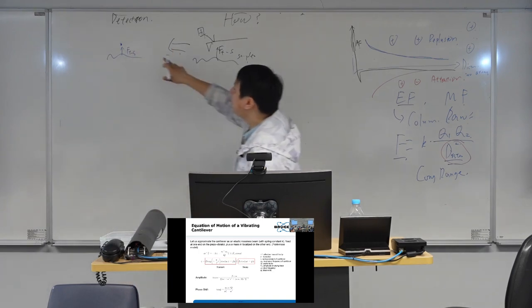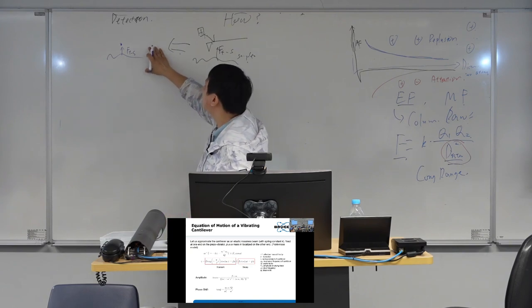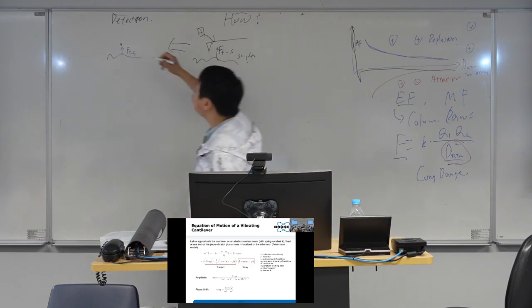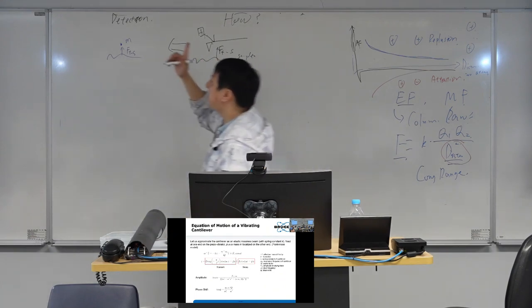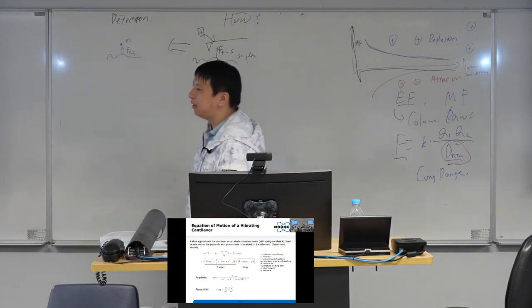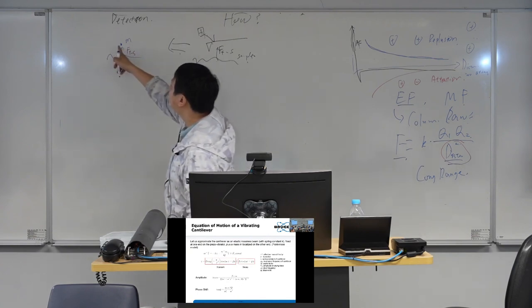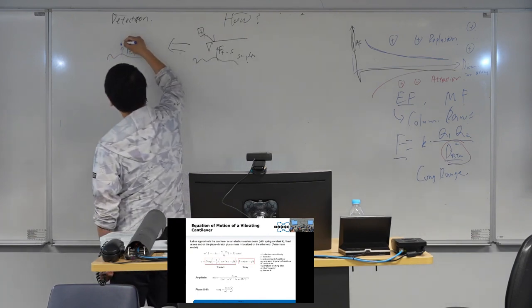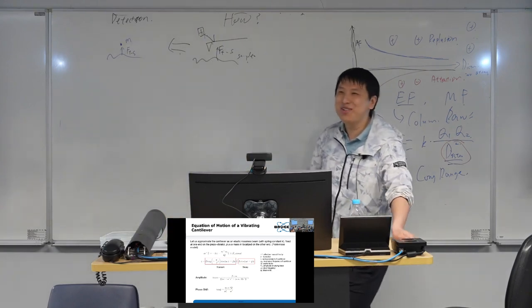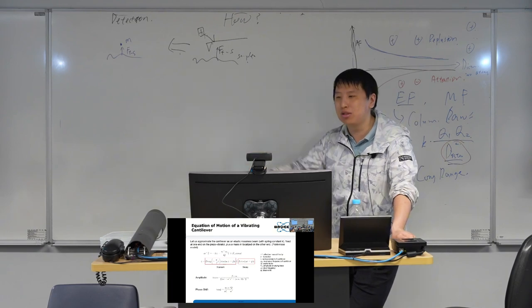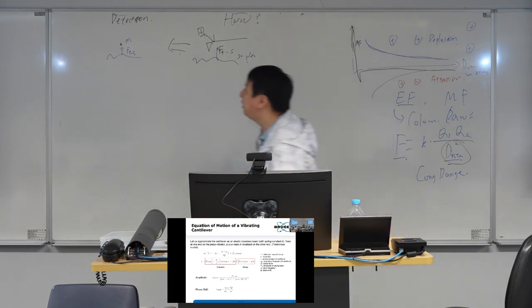Of course, this point is not just a point, it's the probe, so it should have a mass. So we study the force on this probe. Of course it has gravity, right? But the gravity is so weak, so we ignore the gravity.